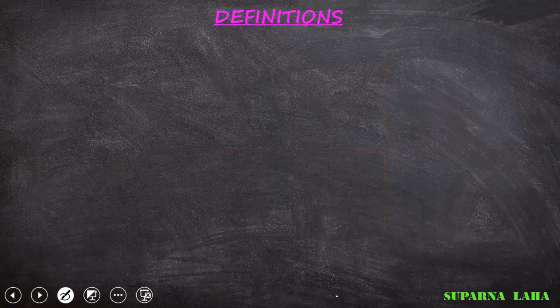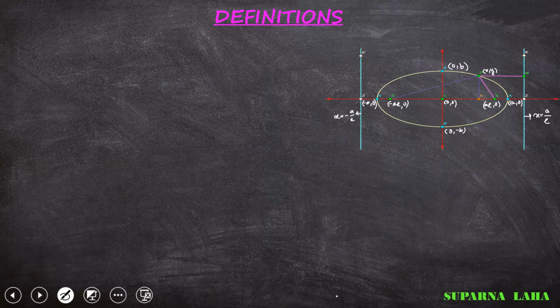Okay, so let us go through the definitions first. That is, what is the vertex, the focus, the center, and the axis of the ellipse. So this is the figure. Taking the x-axis as the axis of the ellipse, there are two axes: one is the major axis, one is the minor axis.